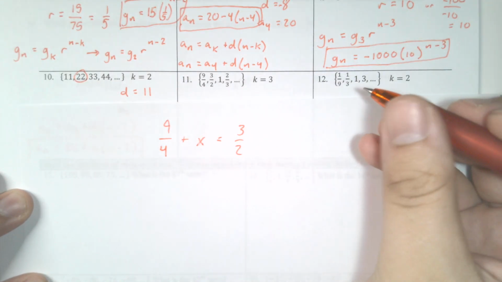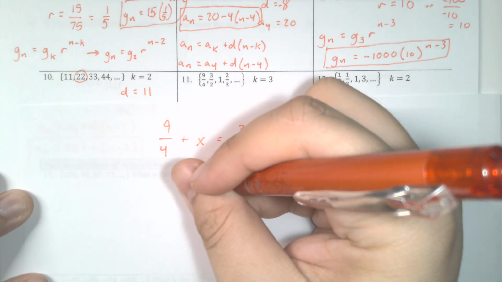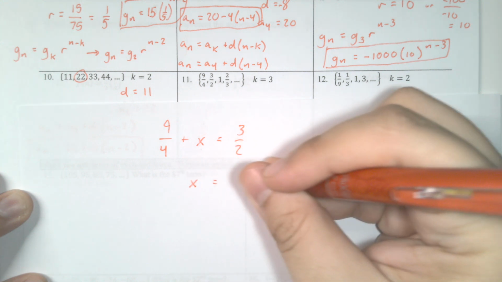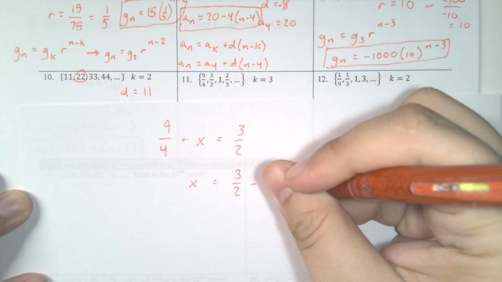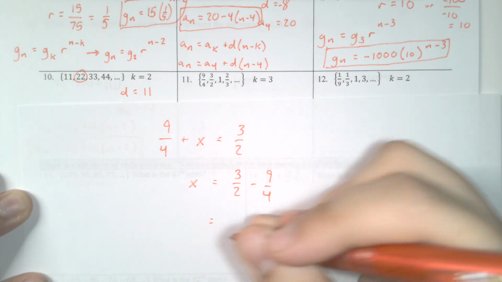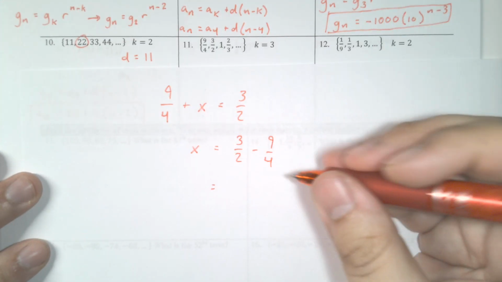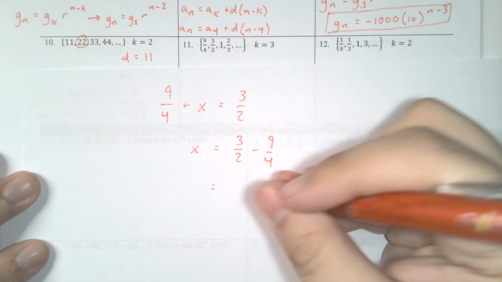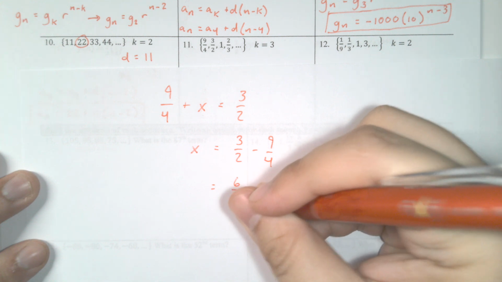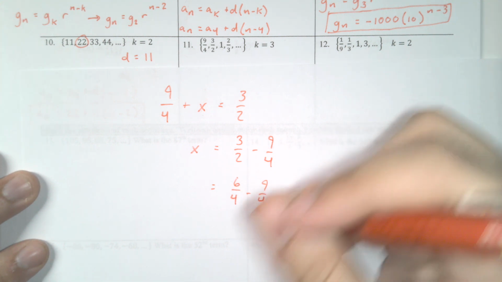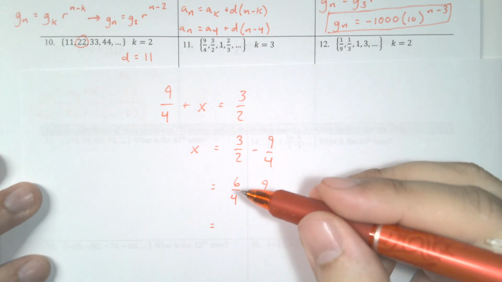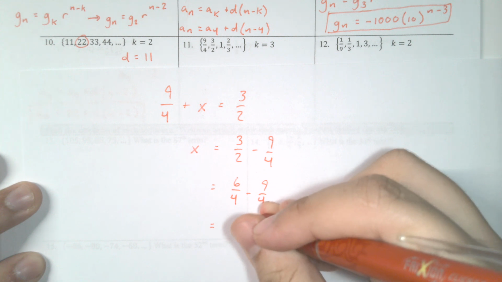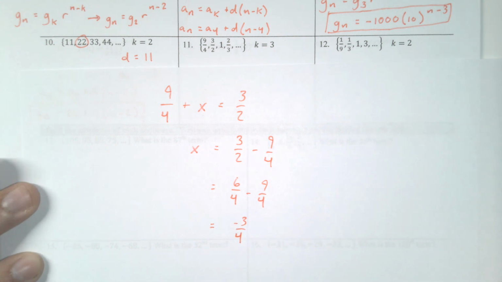If we wanted to solve for x, if we subtract 9 over 4 from both sides, x is equal to 3 over 2 minus 9 over 4. Then we just need to combine these two fractions. To get a common denominator, we're going to multiply both top and bottom of this fraction by 2. That gives us 6 over 4 minus 9 over 4, and 6 minus 9 is negative 3, so negative 3 over 4.